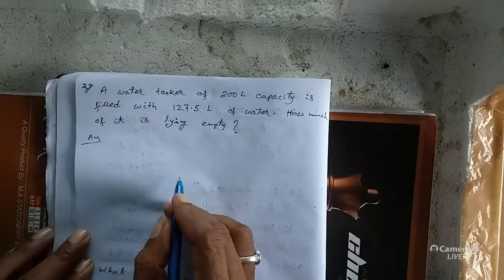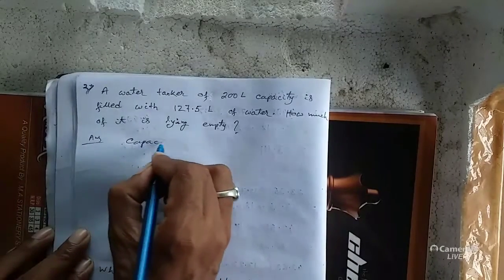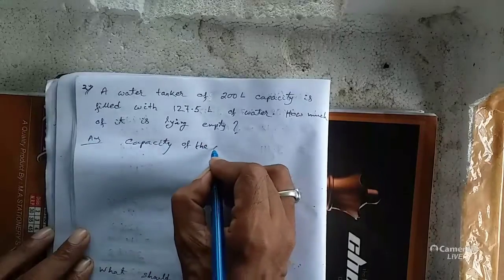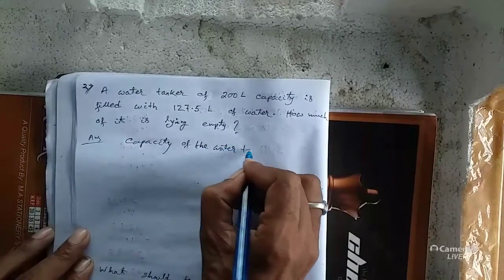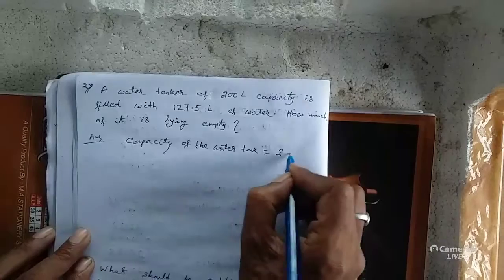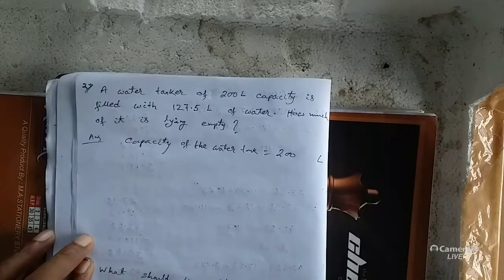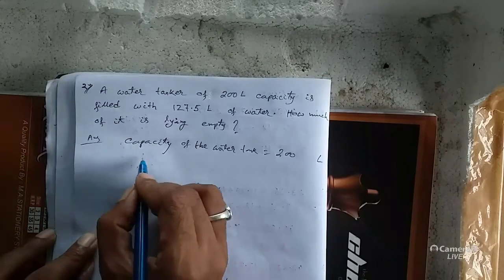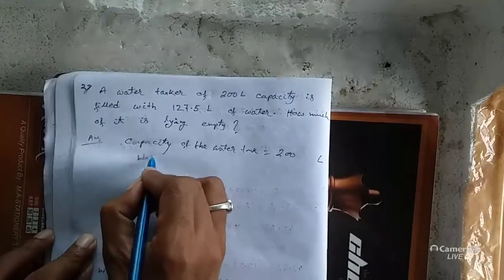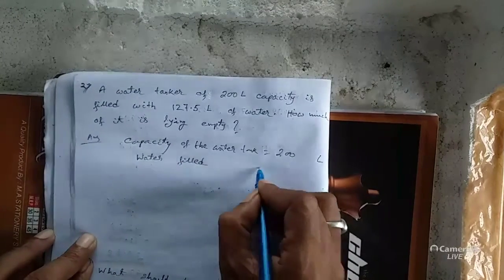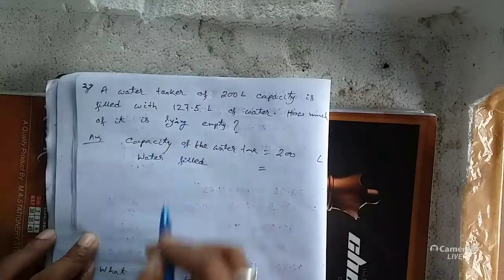So here, capacity of the water tank is 200 liter, okay, and water filled, how many liters of water filled? 127.5.